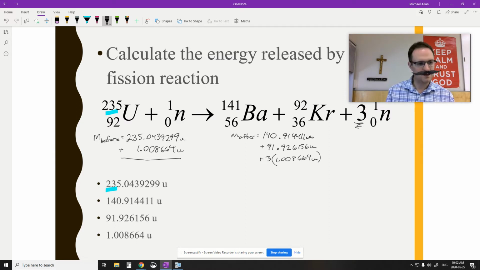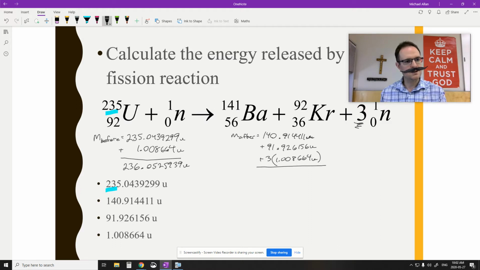Okay, so I got that number, which is 236.0525939 atomic mass units. And what I'm going to do is I'm going to add all these ones over here. I'm going to keep this number in my calculator, store it under A for a bit so I don't lose it.